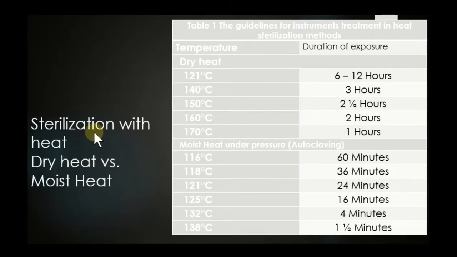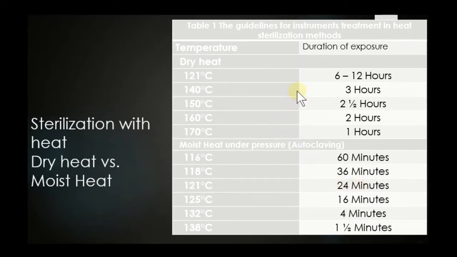Sterilization, for example, by dry heat at a certain temperature, for example 121, takes about 6 to 12 hours to complete the cycle. On the other hand, if we use moist heat under pressure, which is referred to as autoclaving, at the same temperature, it takes only 24 minutes to achieve the sterilization.